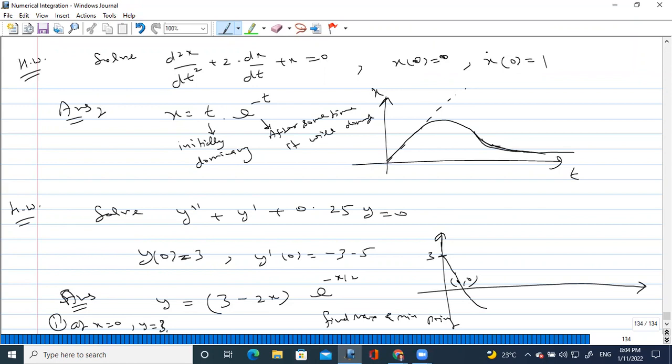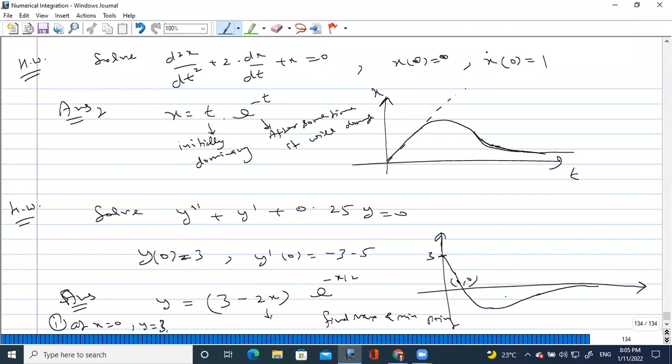Now see, initially this will dominate, so it is going down, but after reaching some value, from here the minus term will come, so then the minus term will become positive, so then it will try to go positive.